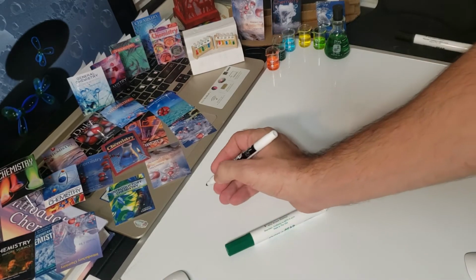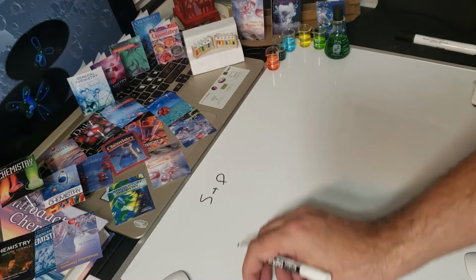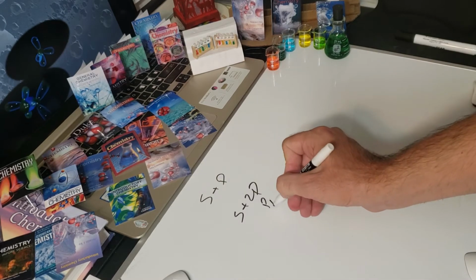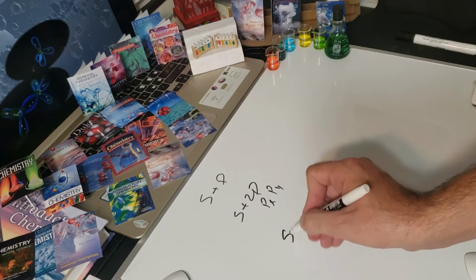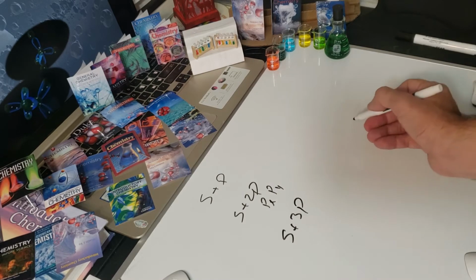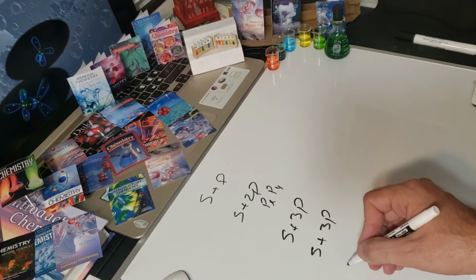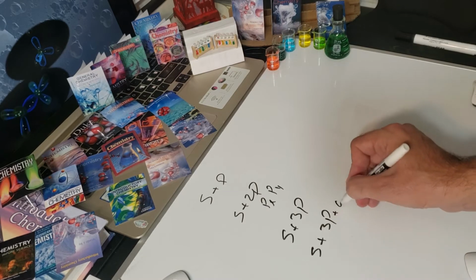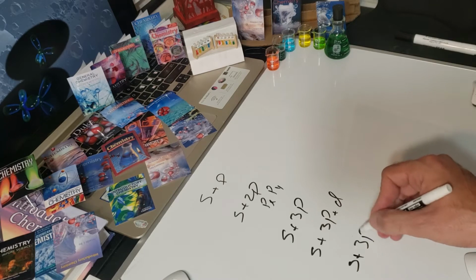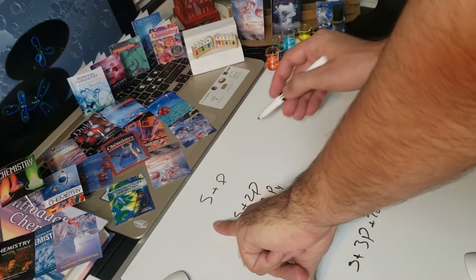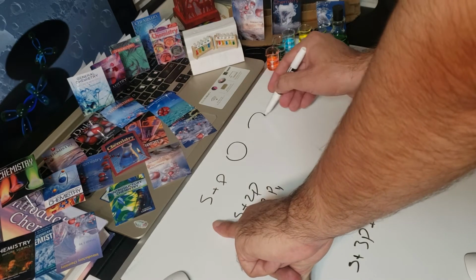So we could mix s with one p orbital, s with two p orbitals, let's say px and py, s with three p orbitals, all the px, py, pz, s, three p and a d, and then s, three p and two d.